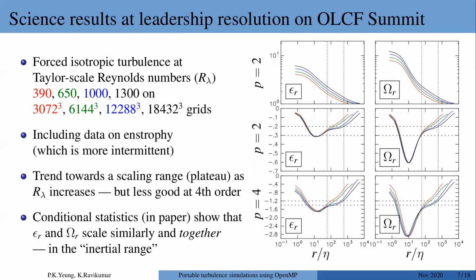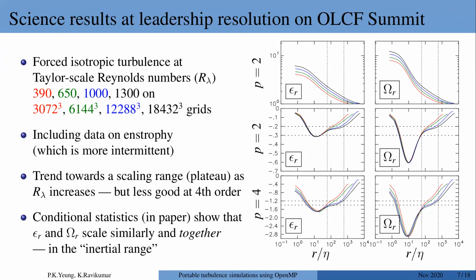The column on the left is about the dissipation rate, and on the right is the so-called enstrophy. Enstrophy has to do with the change in angular orientation of a local fluid element. This is the simplest turbulent flow that we have, forced isotropic turbulence. The Taylor-scale Reynolds number here is an important measure of the range of scales. It increases by a factor of between 3 and 4, and the number of grid points goes from 3K cube to 18K cube.